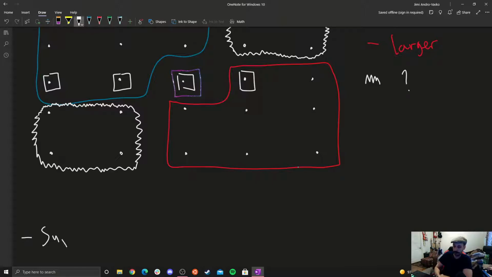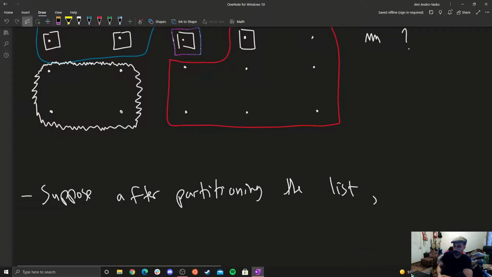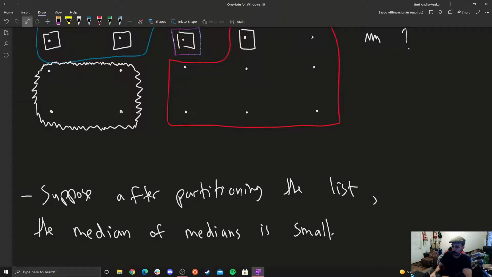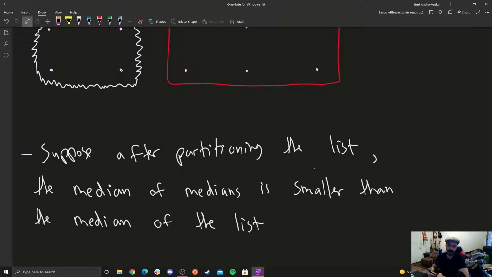Suppose after partitioning the list, the median of medians is smaller than the potential median, than the median of the list. Let's suppose.